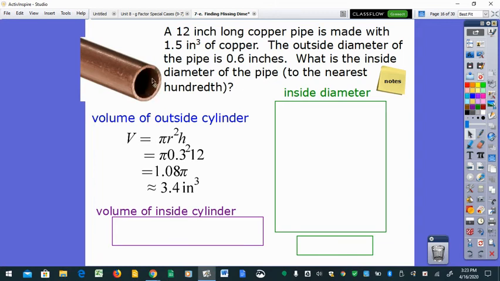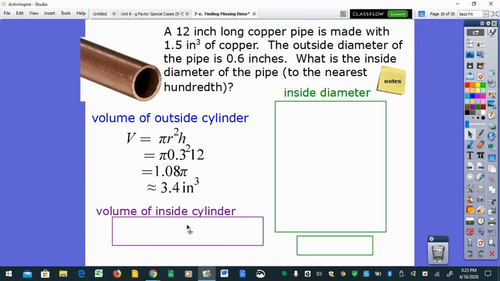Now I'm trying to find what's going on with the hole, and they gave me the hula hoop. They gave me the ring as 1.5. So if I take the 3.4, which is the solid cylinder pipe, and subtract out the 1.5, which would be the ring, that'll give me how much volume the hole takes up.